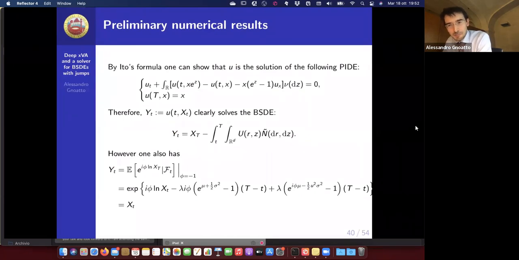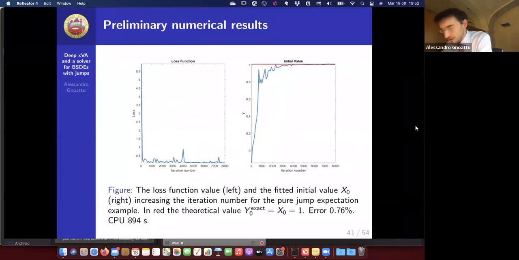Is the Deep BSDE solver able to obtain a BSDE that reflects the martingale property of the asset? Answer, yes. The red line is 1, our test value, because I just put the initial value of the asset at 1, and I'm able to obtain from the solver the martingale property of the asset again. So this is a first sanity check of our algorithm.